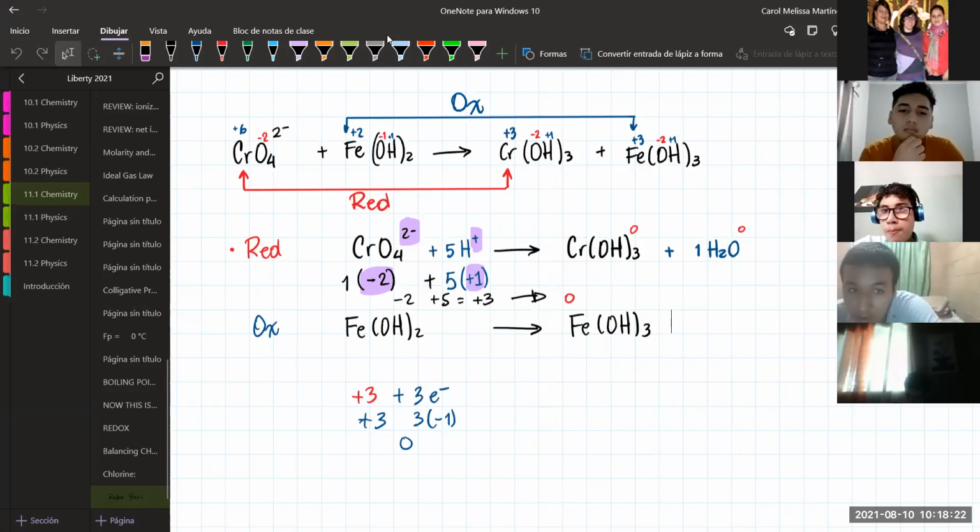That's why it says reduction gains electrons. Okay, gains electrons, or electrons in the reactants. So how many electrons? +3, so 3 electrons here.